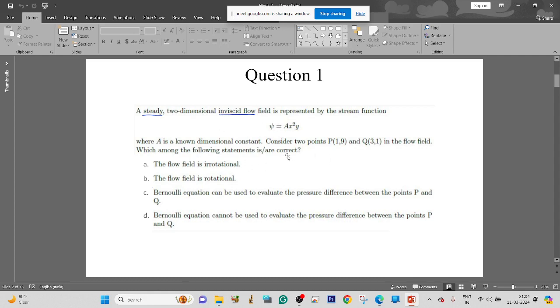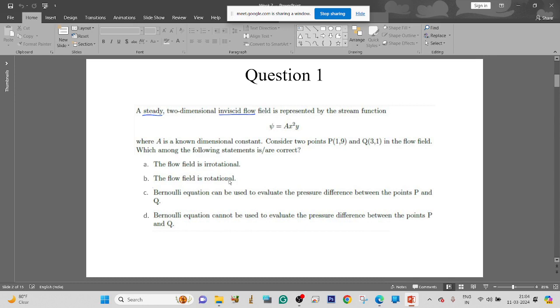Your stream function is given, and also the 2 points in the flow field. So with the help of the stream function, we can find the velocity components u and v. Then we should first check whether the fluid is rotational, because the options ask whether the fluid is rotational or not. That means we check del cross v.